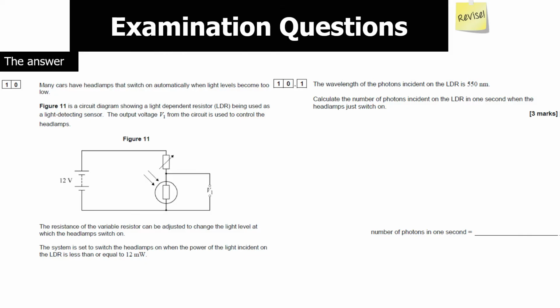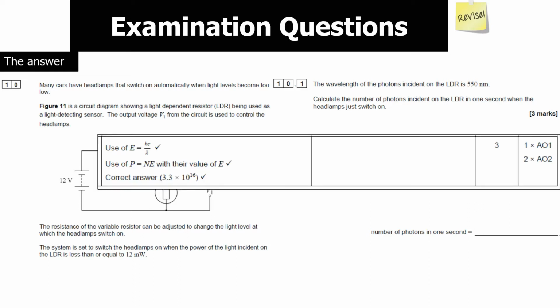Right, so how do you answer this question? Well, you've got to think about what values you're aware of. You know that you have the wavelength. The first thing you can calculate is the energy, which is equal to hc over lambda, an equation you learnt in particles, and that gives you your energy value. Remember, lambda needs to be in meters, so it's 550 times 10 to the minus 9 meters.